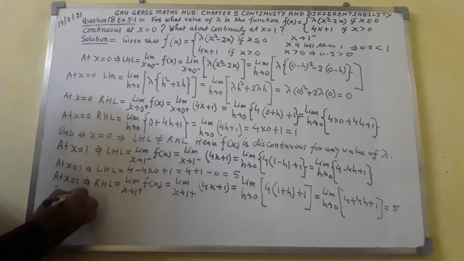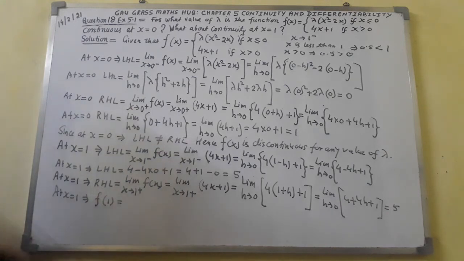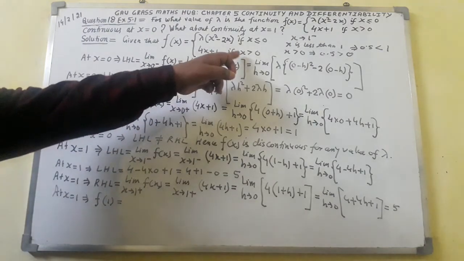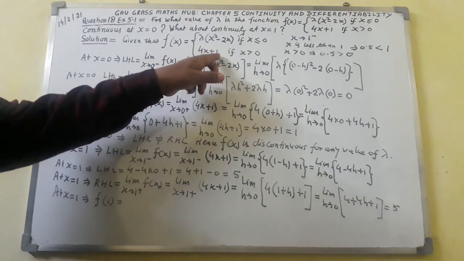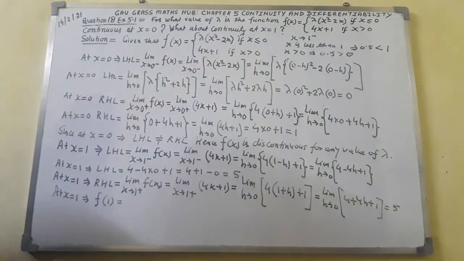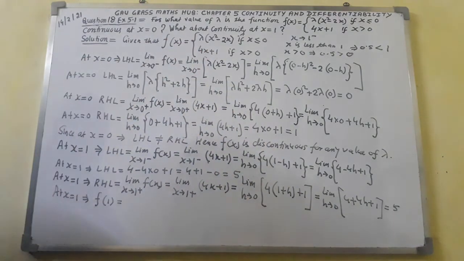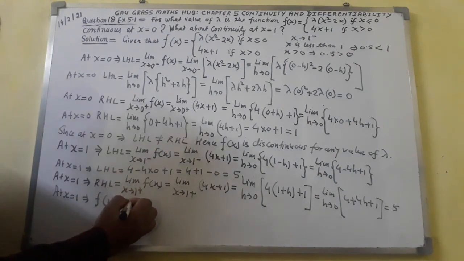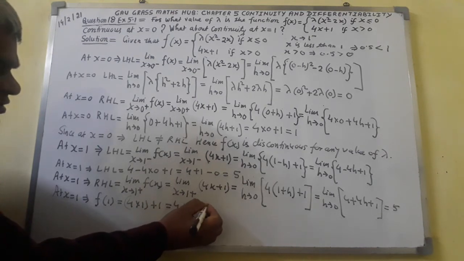At x equal to 1, f of 1, the value of x must be 1. This function I shall choose, in which f of x equal to 4x plus 1, x greater than 0, in which the value of x is 1. So here I shall write 4 into 1 plus 1, which comes out to 4 plus 1, that is 5.